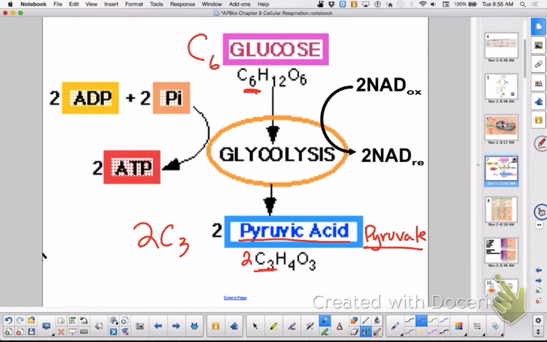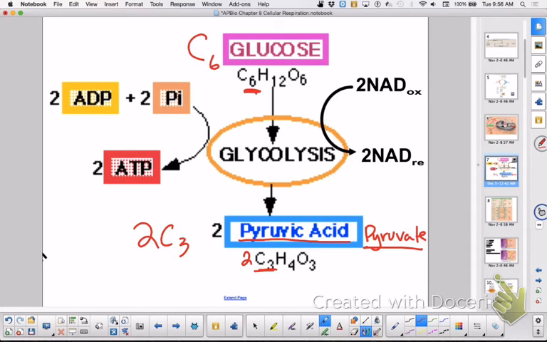So let's start out with that. What is this whole thing called? Cellular respiration. Who does it? All cells. Where do they do it? In the cytoplasm. What do you start out with? Glucose. How many carbons in glucose? 6. What are we going to do? Break it in half. How many steps? 10. How many enzymes? 10. What are these called? 2 pyruvic acids.